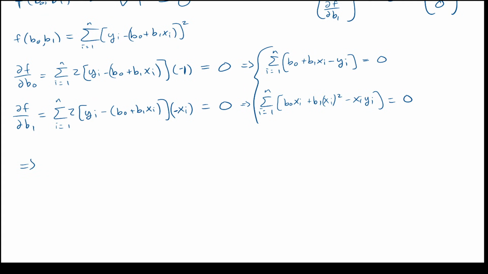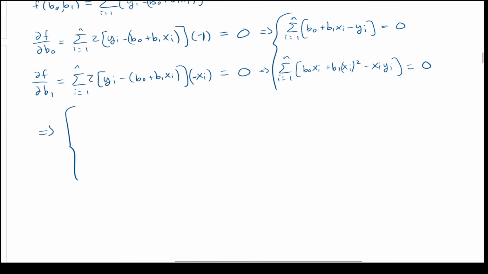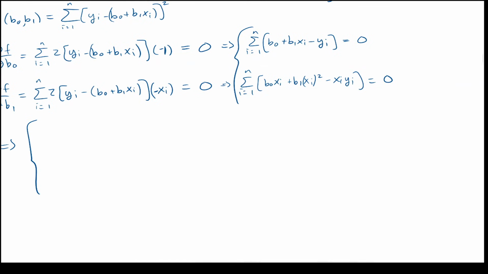So now if we just rearrange the two summations, we'll get something of the form, let's see, b0 is just a constant, so the summation from 1 to n of b0 is just n times b0 plus b1 times the summation i equals 1 to n xi equals the summation i equals 1 to n yi.